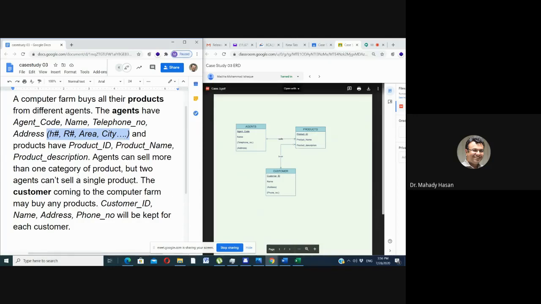And what about the other way around? Does it say anything about the other way around? No, sir. So now it is your assumption. One product is basically purchased by, you're saying, multiple customers, and a product should be purchased by a customer. I think, to me, it's not correct, because there are many products which haven't been purchased yet.